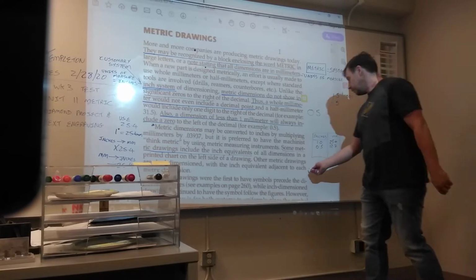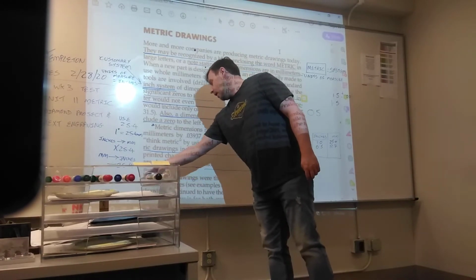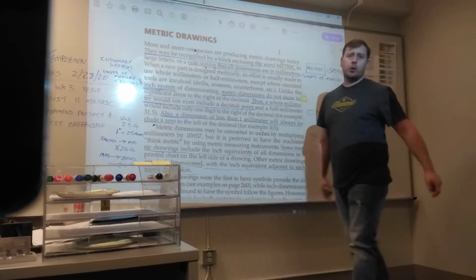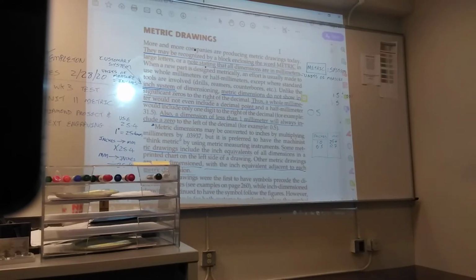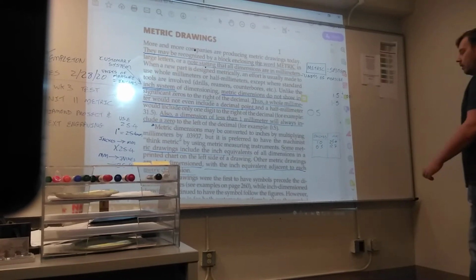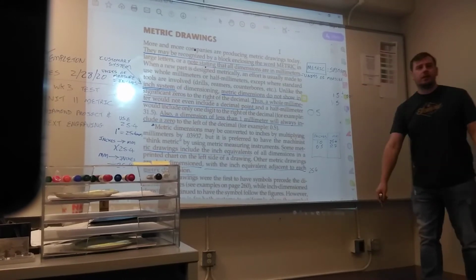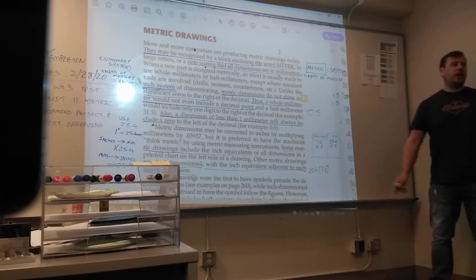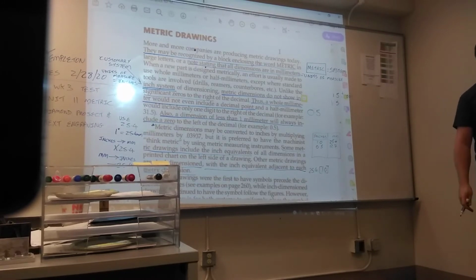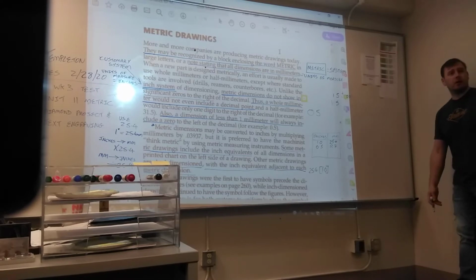Alternatively, it can be dual dimensions. You'll have both systems together on the same print. So your dimension might be in millimeters, and then you'll have some square brackets with the inch equivalent to the side of it. So it doesn't matter where you send the blueprint, you're going to be able to read it.